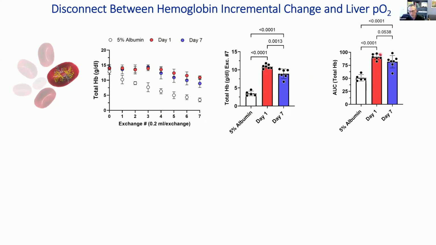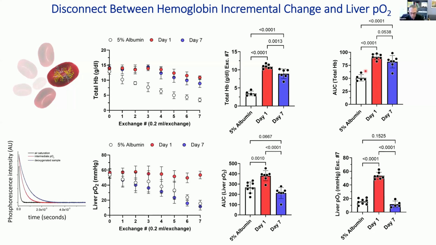You look at the AUC, these are also quite similar. But what you do notice, obviously, is a very dramatic drop in the PO2 of the tissue, such that this is not predicting this. So overall, looking at things related to total hemoglobin does not predict what you're seeing in the tissue itself.